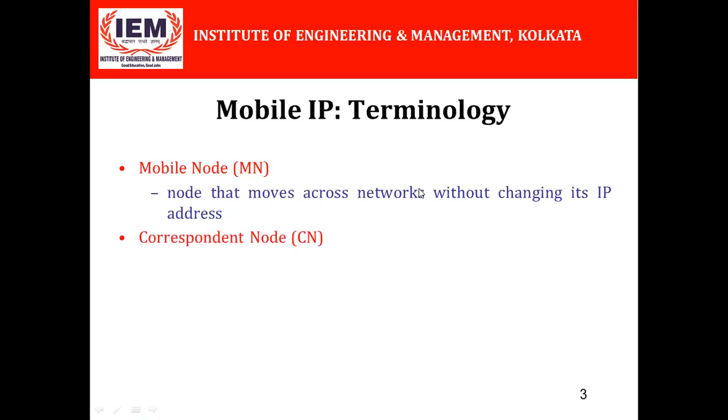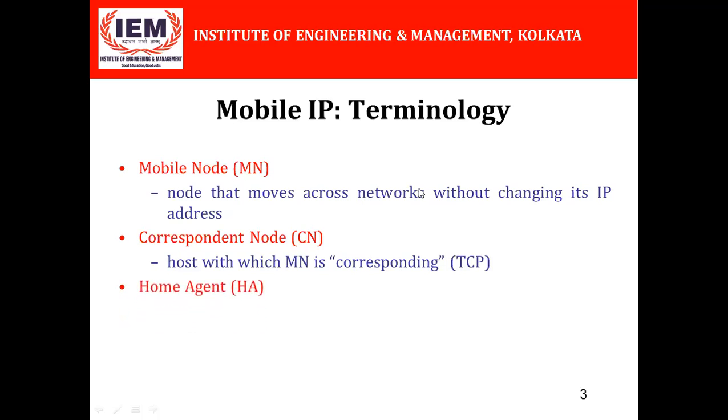Now, next thing, the correspondent node. The correspondent node is a device on the internet communicating with the mobile node. This is simply a host with which the mobile node is corresponding via some reliable protocol. Home agent. What is an agent?